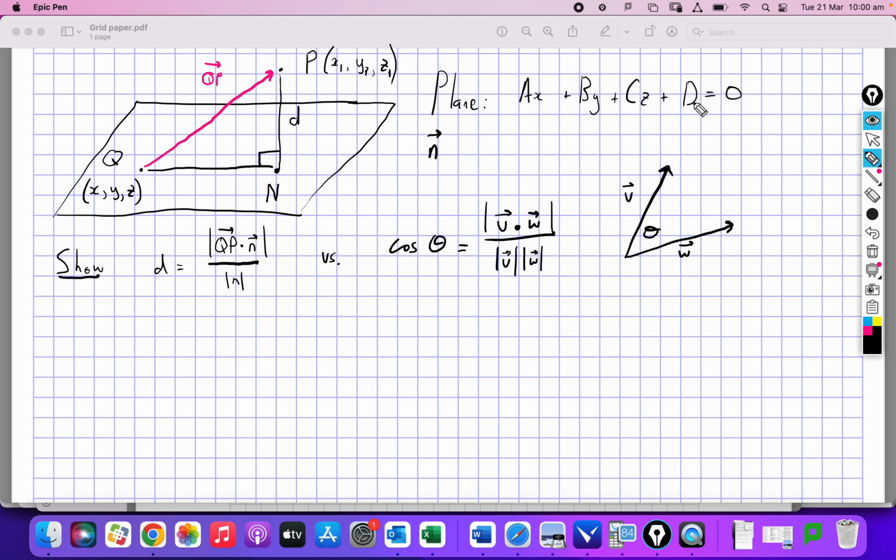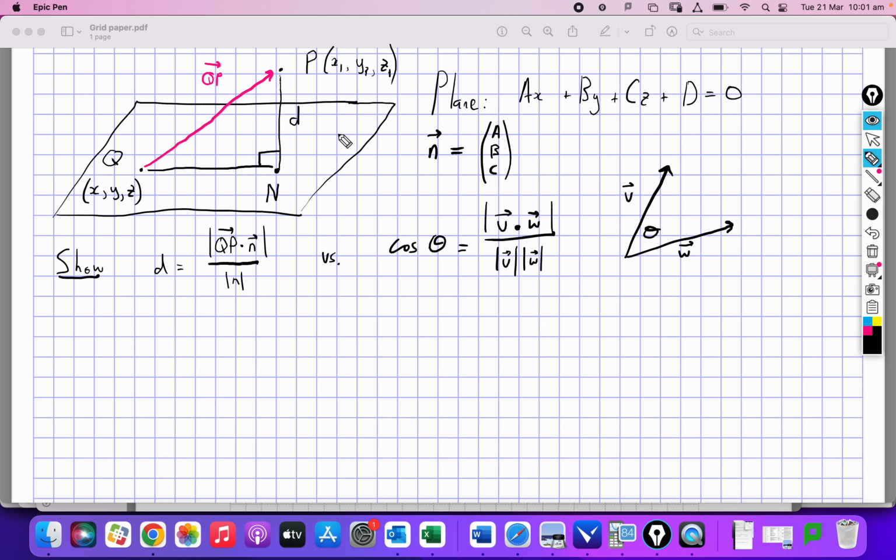So that's how we get our plane equation. And once we've got it, we can see the normal really easily. It's just the coefficients a, b, c. So that's fine. I can use the normal.